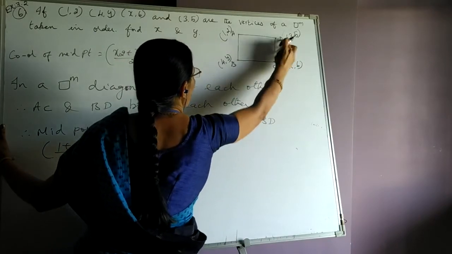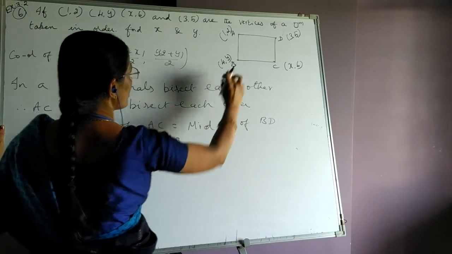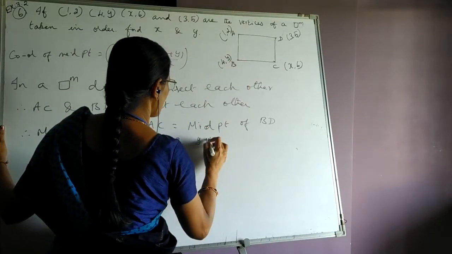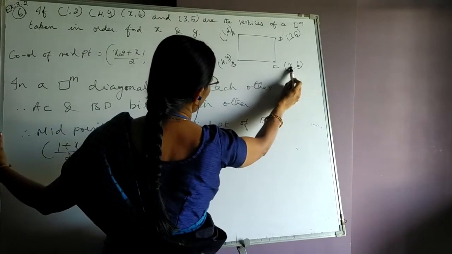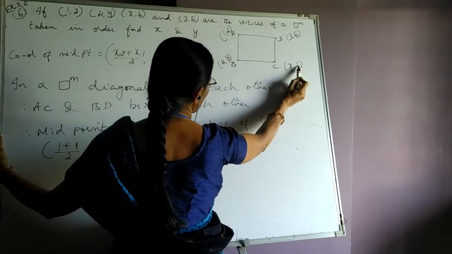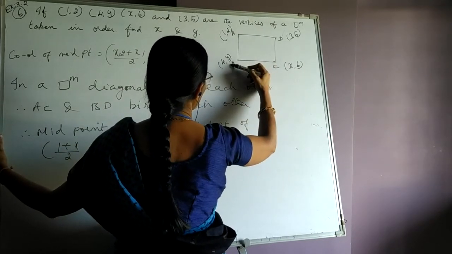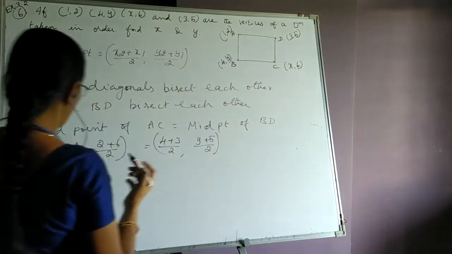So sum of the x coordinates divided by 2, 4 plus 3 upon 2, y plus 5 upon 2. Hope you understood. Sum of the x coordinates 1 plus x divided by 2. Sum of the y coordinates 2 plus 6 divided by 2. Similarly BD 4 plus 3 divided by 2, y plus 5 divided by 2.